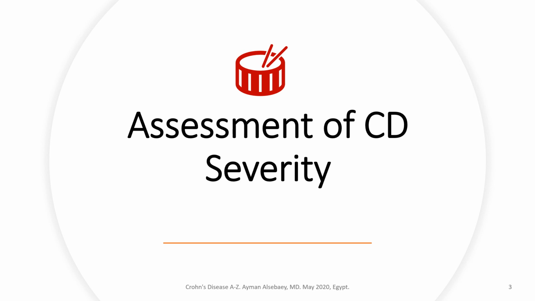And recently they have introduced another item, which is the risk of complications. Okay, so we will use both assessments depending on the degree of the disease and the risk of the complications, including surgery and disability.